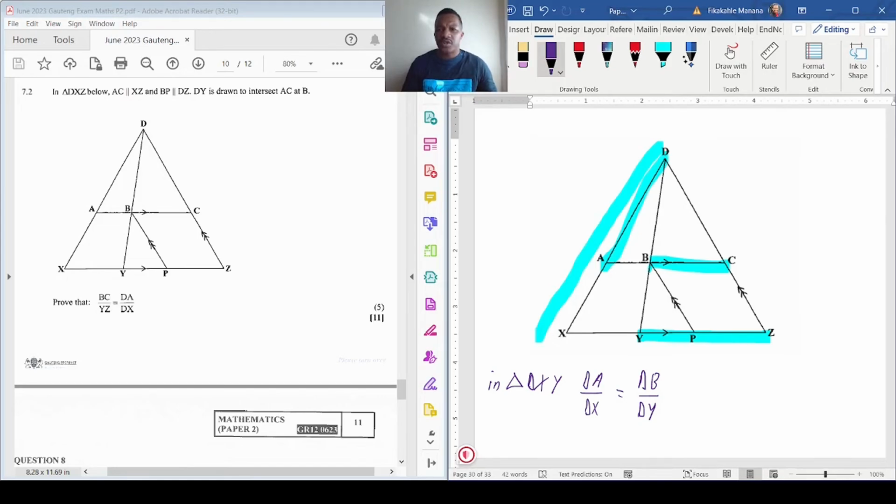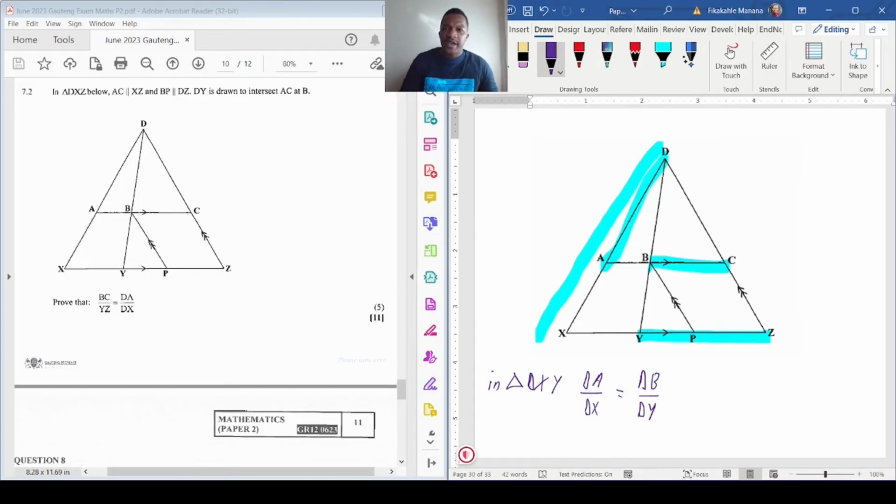how to see through the trickery. Okay, so now what we are trying to do here is that they gave us these parallel lines, AC parallel to XZ. So that's the one we are using.